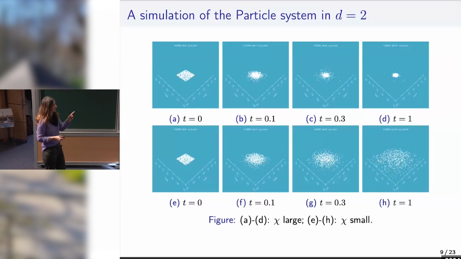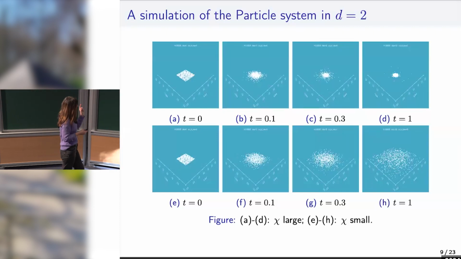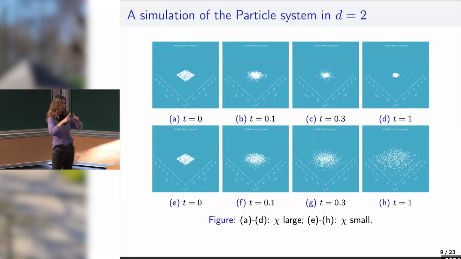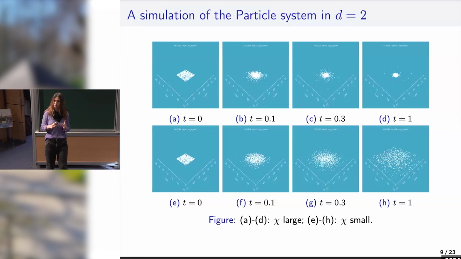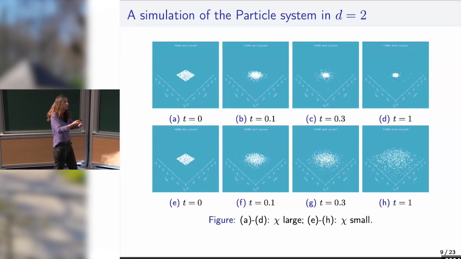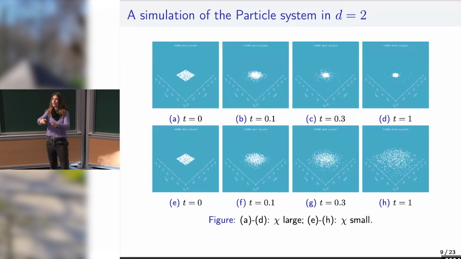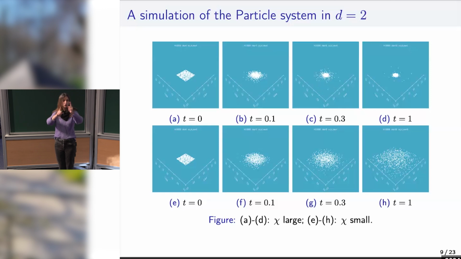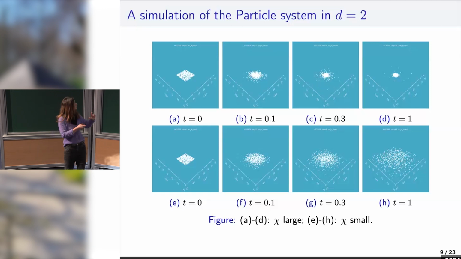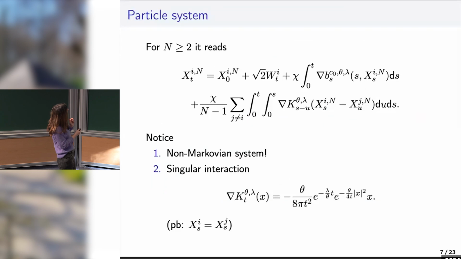But this is very costly, and I don't want to spend a lot of time on this. You've seen the non-Markovianity, you've seen the path-dependent interaction. It's very costly to simulate this. There is no way to Markovianize this in the Euler scheme. You really need to take all the past and compute all your sums, because you need to discretize a Riemann integral, so you have a double discretization.